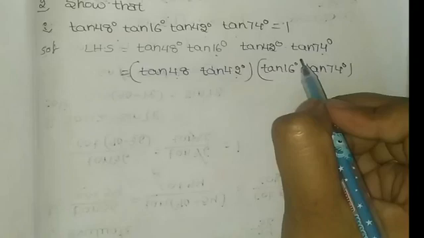Our next question: cos 36 cos 54 minus sin 36 sin 54 is equal to 0. Let us take the LHS part: cos 36 cos 54 minus sin 36 sin 54.